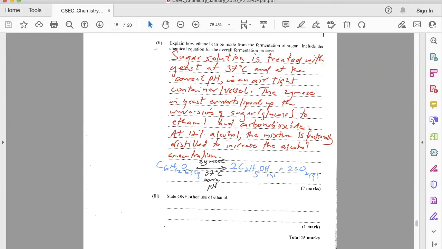Another use we could give is that ethanol is used as fuel. We know about E10, so ethanol is added to gasoline. And ethanol by itself is used in spirit lamps. It burns with a clean blue flame. And just like that, we would have gotten 15 marks.